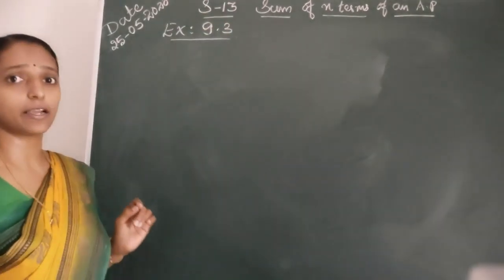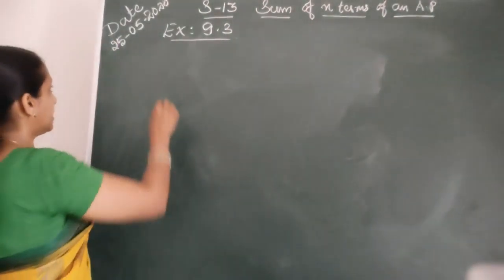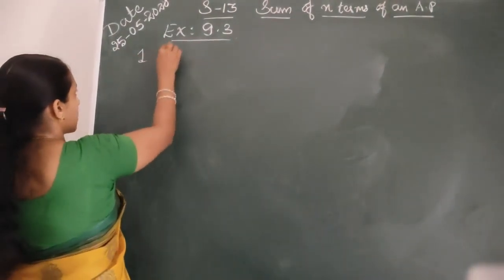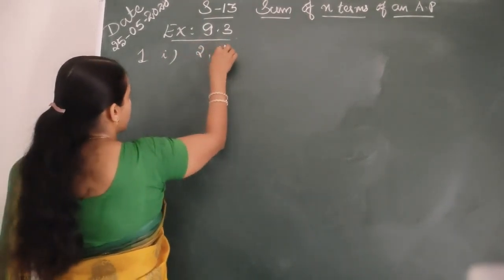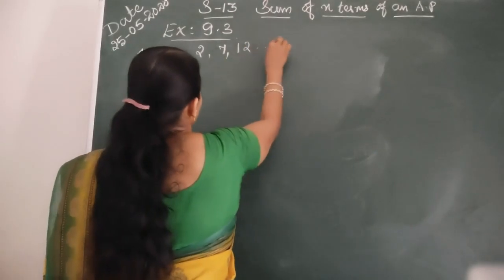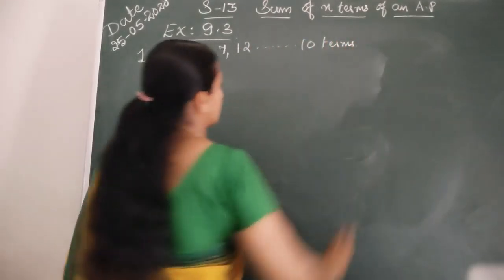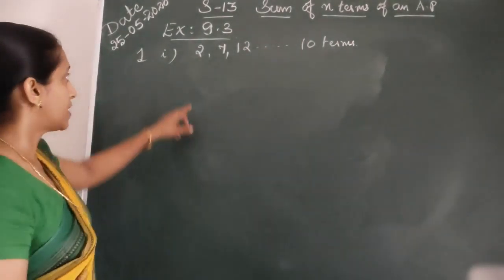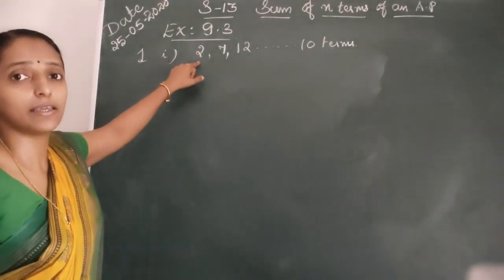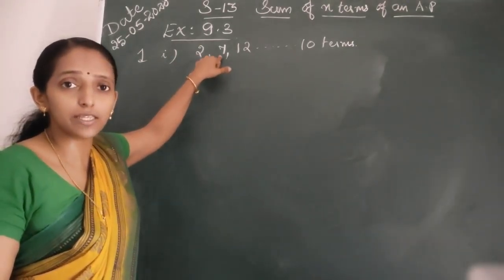Question number 1, first part: find the sum of 2, 7, 12, etc. up to 10 terms. You have to find the sum of 10 terms. What is a? a is 2 and d will be 7 minus 2, that is 5.